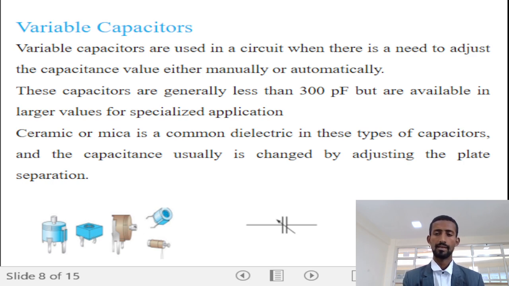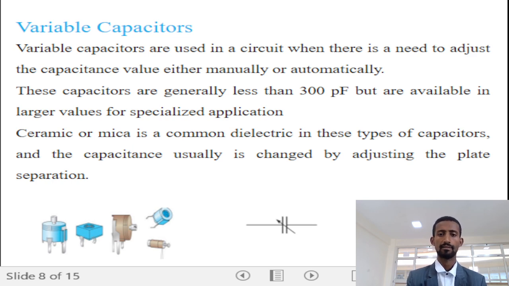The other type of capacitor is the variable category. Before this topic, we have seen fixed or constant type capacitors. Right now, we are at the position to see the variable type capacitor.